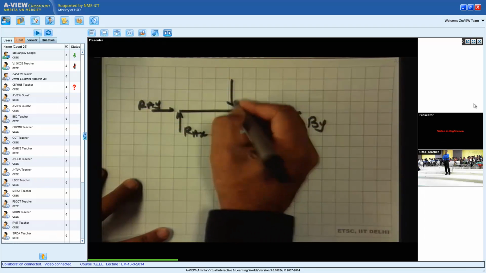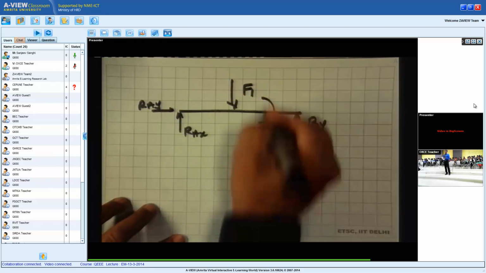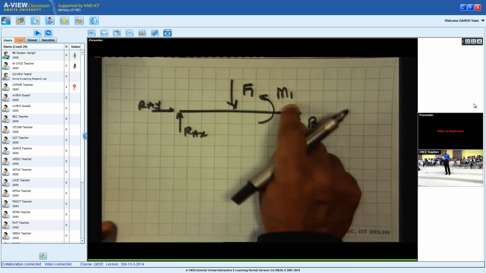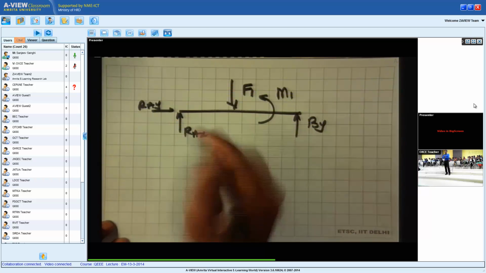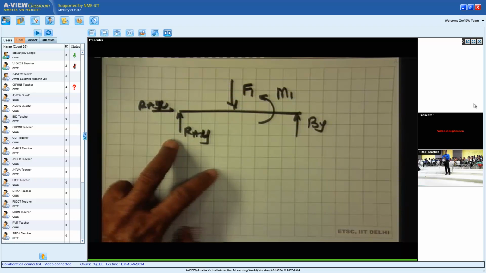I'm simplifying the situation. I'm putting a single force F1 like this, and I'm putting a moment M1 here. This is Y, this is X. How does M1 affect RAY?